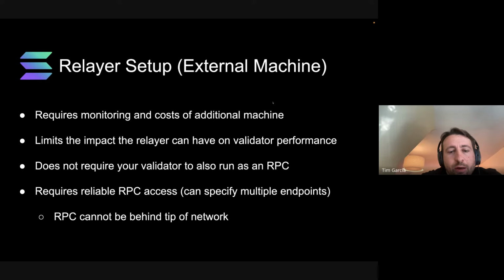But it does require that you have access to a separate RPC server that is always up to the tip of the network. There's an environment variable where you can set multiple RPCs to access, but ultimately you're relying on an external thing to say that you're up to date with the chain instead of your own stake node. So it's up to you what makes the most sense, but that's the trade-off between the two.